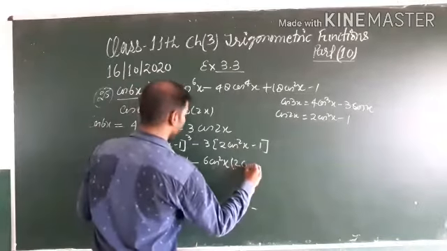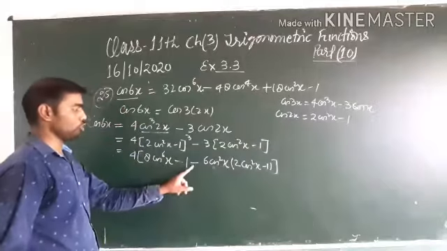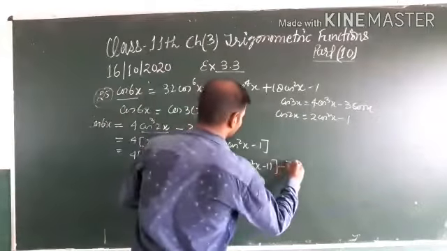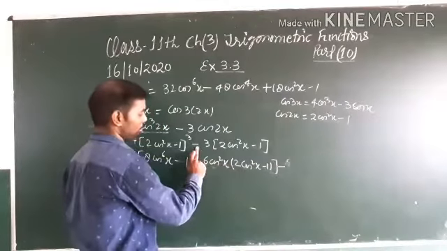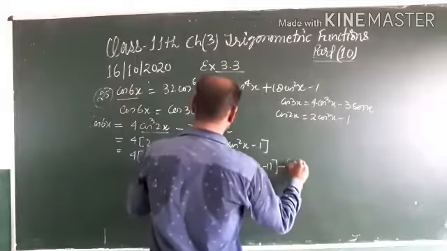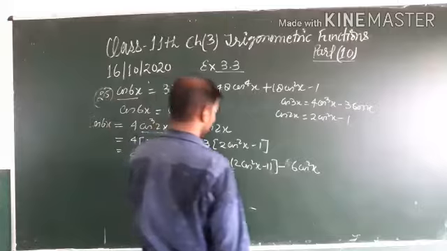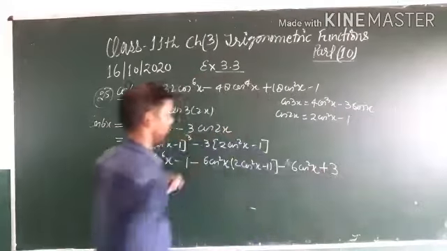It means (2 cos square x) cube minus b cube minus 3ab into (a minus b). And here minus 3 multiplied by 2 cos square x, this is 6 cos square x, and minus 3 into minus 1, that is plus 3.